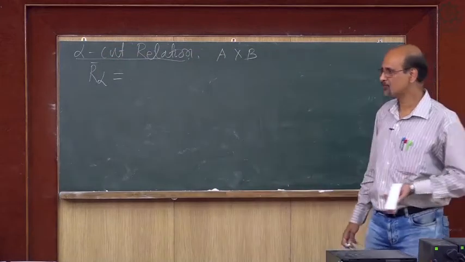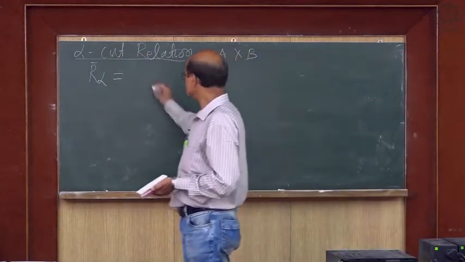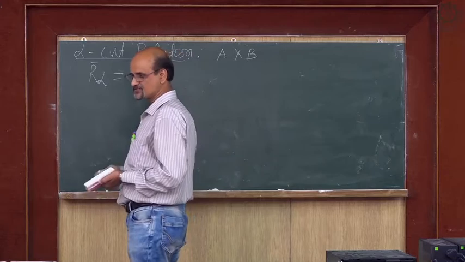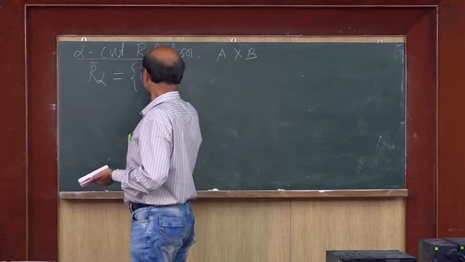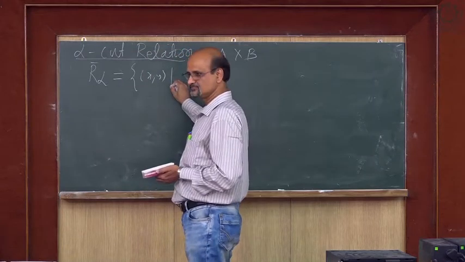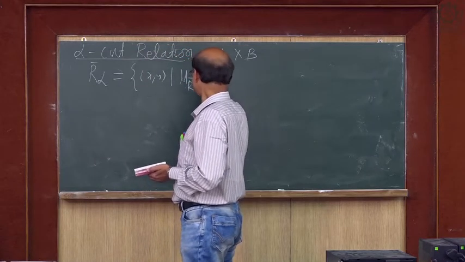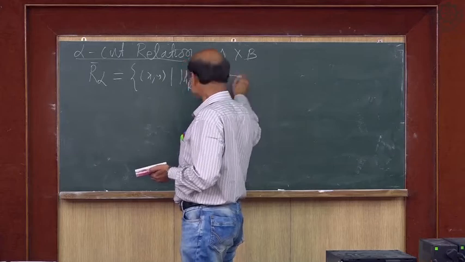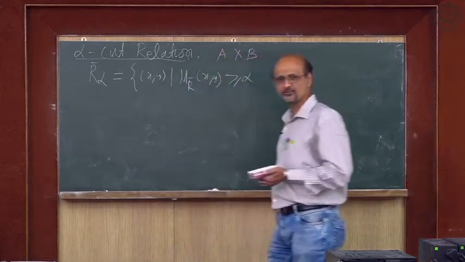How will we define it? Because it is a crisp set, it is the set of points x, y such that mu R bar of x, y is greater than or equal to alpha.